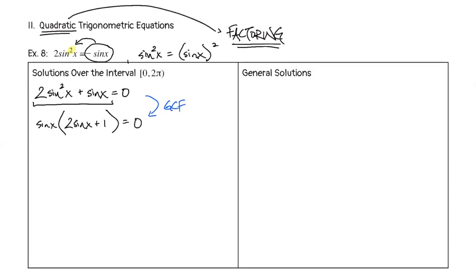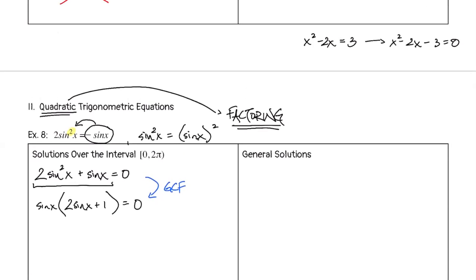Now here is the important part. The reason why I want us to move everything to one side, set it equal to 0, is because of this. Let's say I have something times something else, and it equals 0. What number could A be? 0, okay.